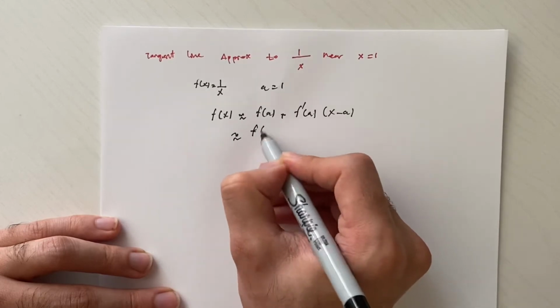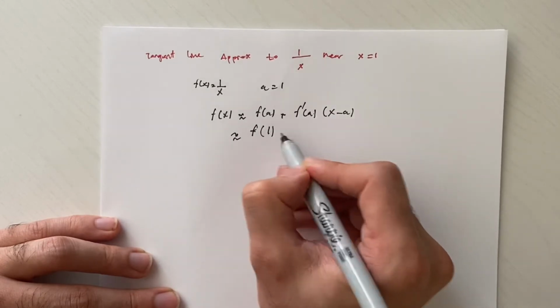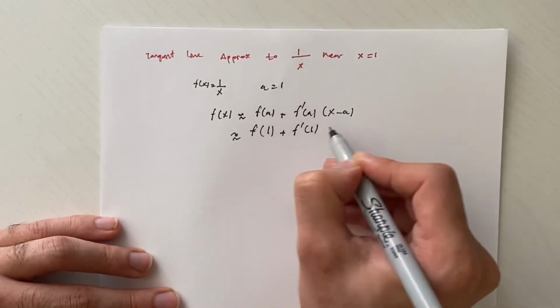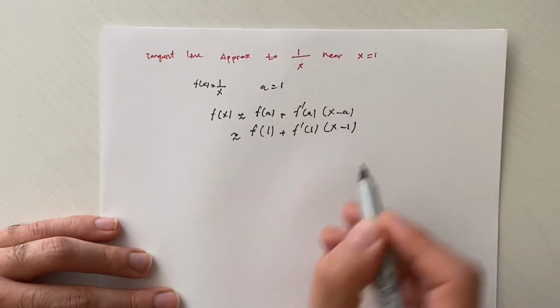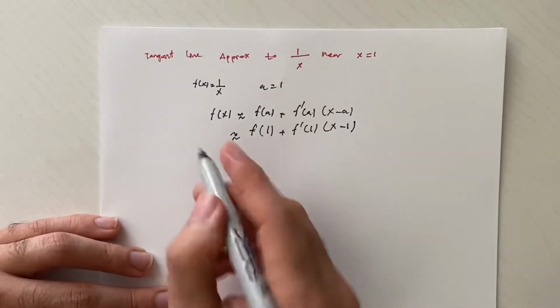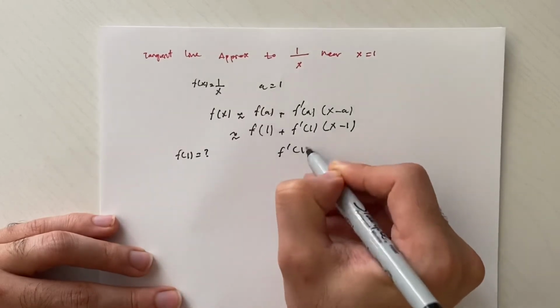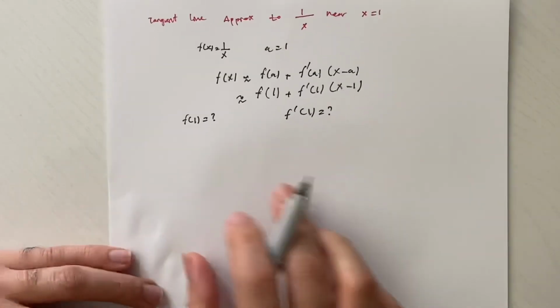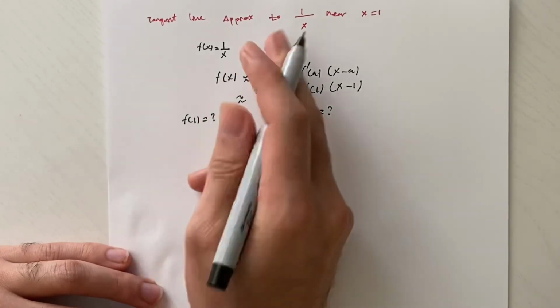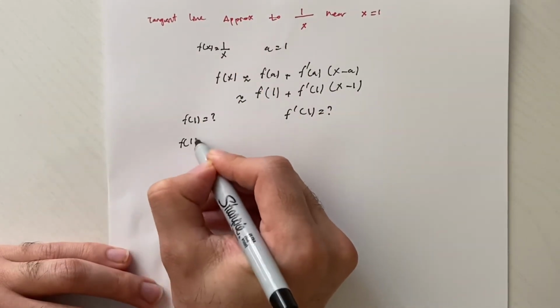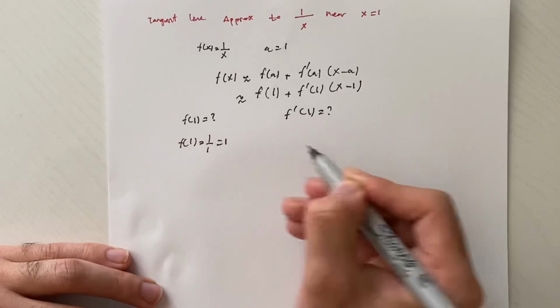And then a here is 1, so f of 1 plus f prime of 1 multiplied by x minus 1. So we want to find first f of 1 and f prime of 1. So f of 1 is just 1 over 1, which is just 1.